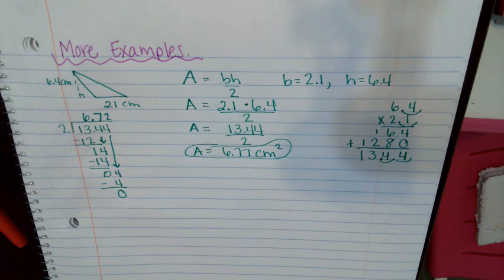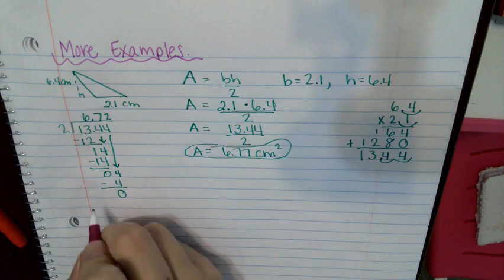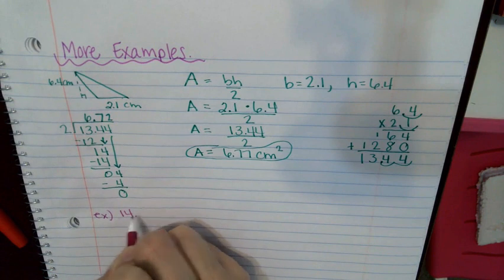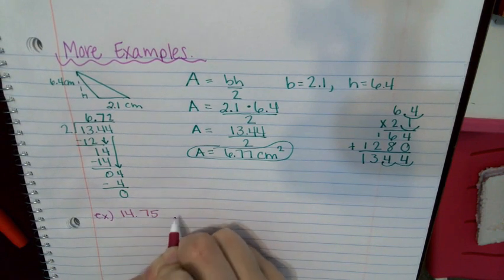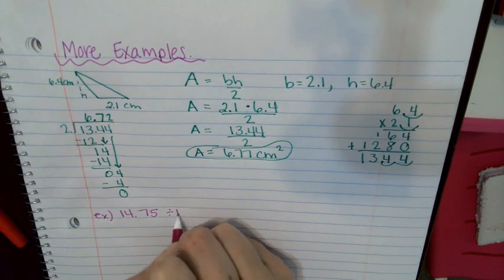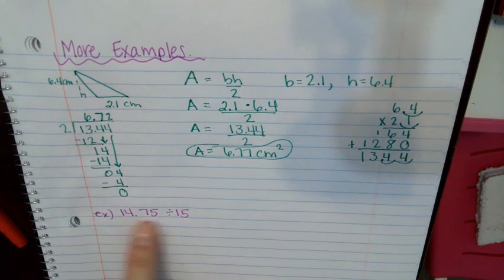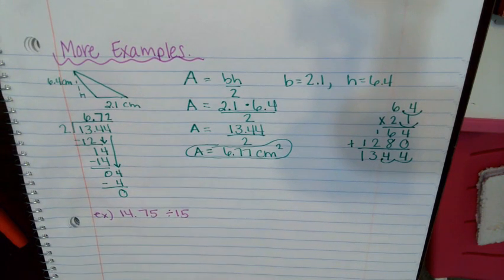We're going to start with, let's see here, 14 75 hundredths divided by 15. Okay, so my dividend is a decimal and my divisor is a whole number.